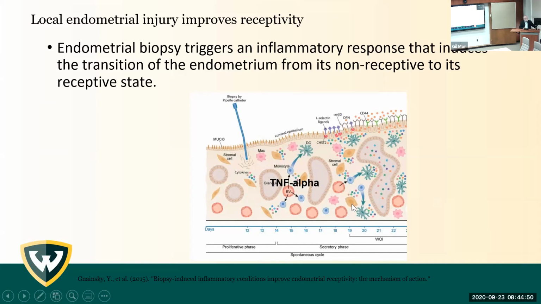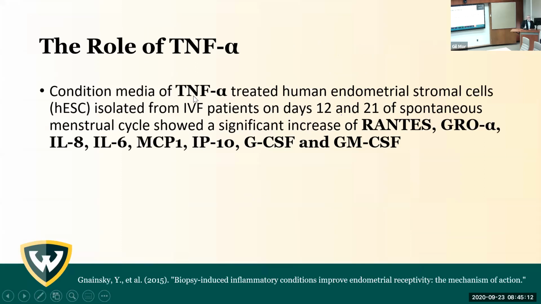So we tried to understand what is the role of TNF alpha at the time of implantation, and what are the target cells of TNF alpha that will enhance that inflammatory process. You see here that we have an arrow going to the dendritic cells, to macrophages, because that's what we originally thought, that maybe TNF alpha is active in the immune cells. We took endometrial cells and we treated them with TNF alpha to see which ones respond. We did also macrophages and so on.